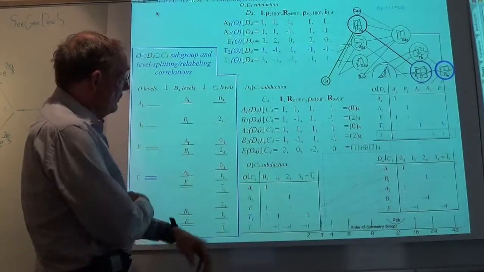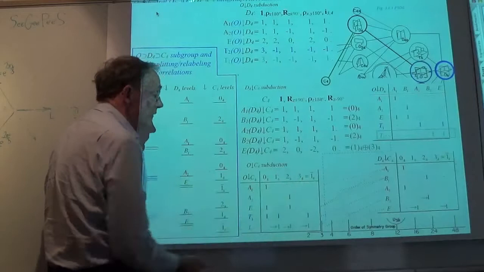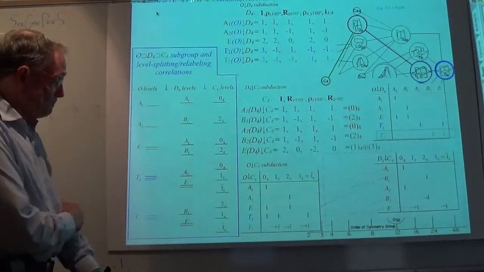So we will see all singlets, but we will see them according to that labeling of number modulo 4.